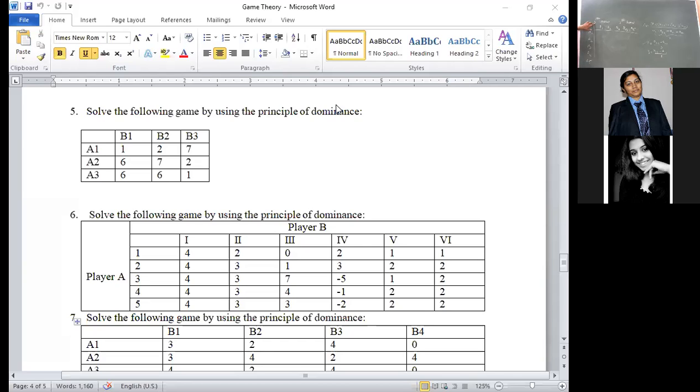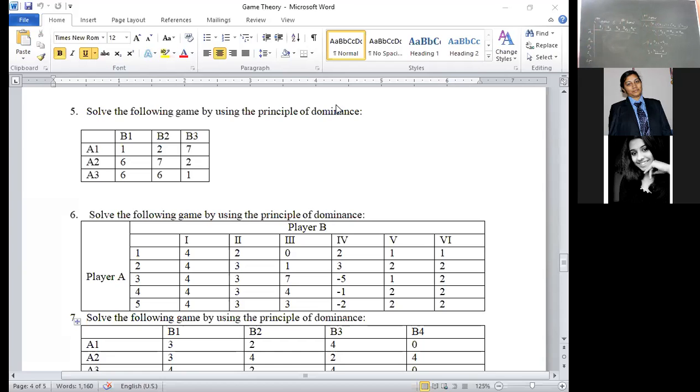That's why I am writing ith row is less than or equal to jth row. If all the elements in the ith row are less than or equal to the jth row, that is any other row, then neglect the ith row. Lesser row gets deleted. This is called principle of dominance.